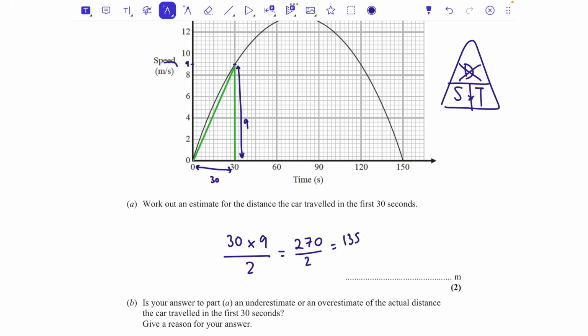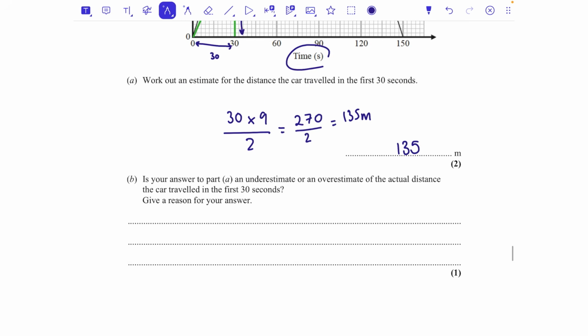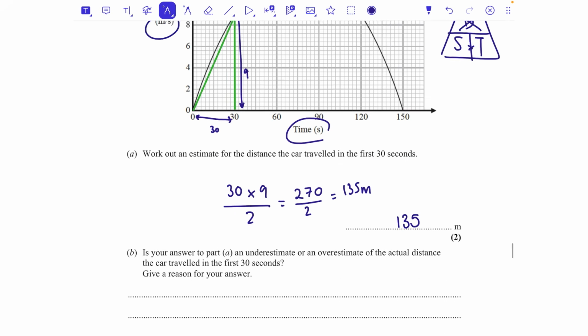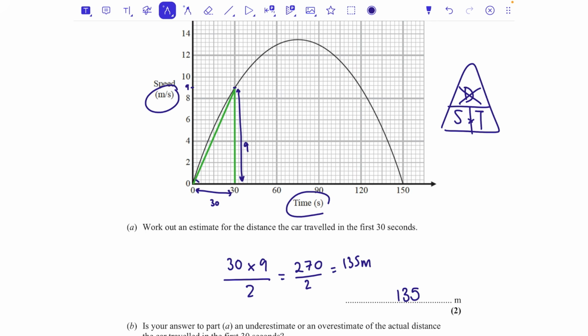Now, if your speed is in meters per second and your time is in seconds, then that distance is going to be in meters. We've got that on the answer line, so I'm happy that that is 135. Is your answer to part A an underestimate or an overestimate? Well, look at the area we worked out. We worked out the area of that. So there was a little slither there that did not get included, okay?